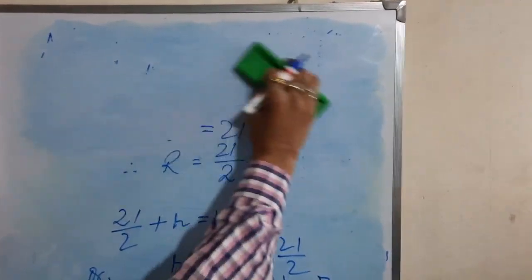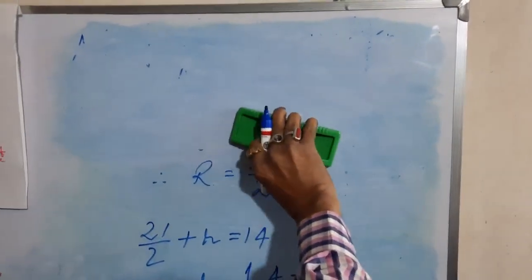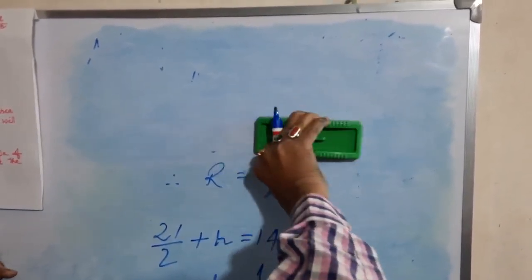The radius of the bigger circle is equal to 21 by 2 centimeters.